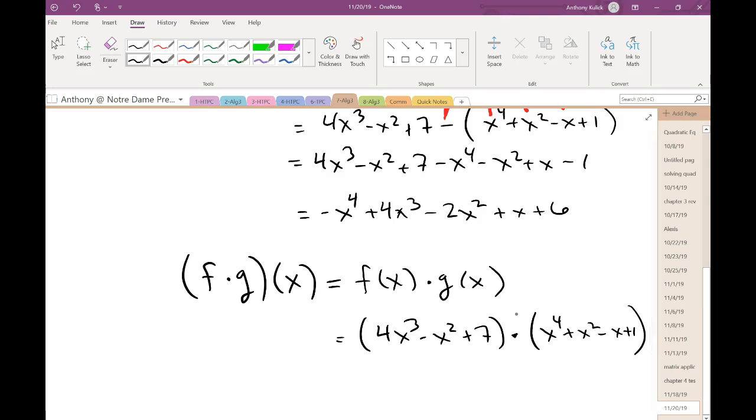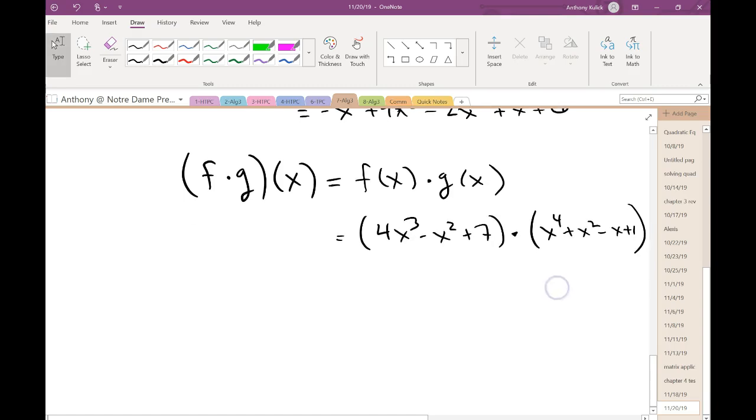Well, there's a couple of ways to think about it. So you could do a modified version of FOIL, where I make sure I multiply each term from the first polynomial with each term in the second polynomial.